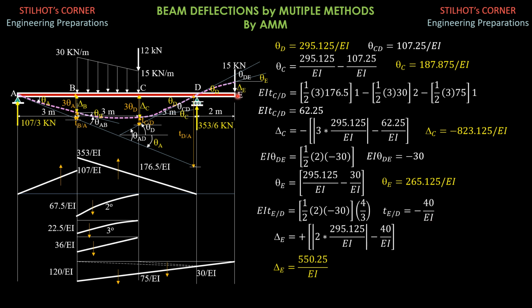So finally, delta E is equal to, from the tangent at D to E, because this is 2 meters and this is theta D, 2 theta D absolute value minus the deviation of E relative to the tangent at D. So delta E is positive of the quantity absolute value of 2 times theta D, from this point to that point, 2 meters times theta D, then minus the absolute value of the deviation of E relative to the tangent at D. This is negative 40, so minus absolute value of negative 40.